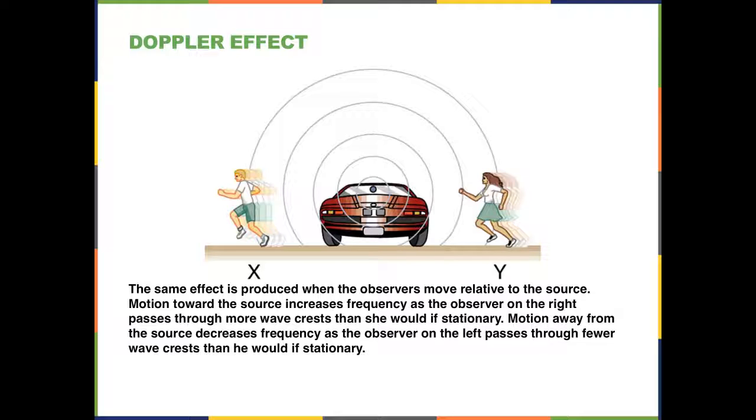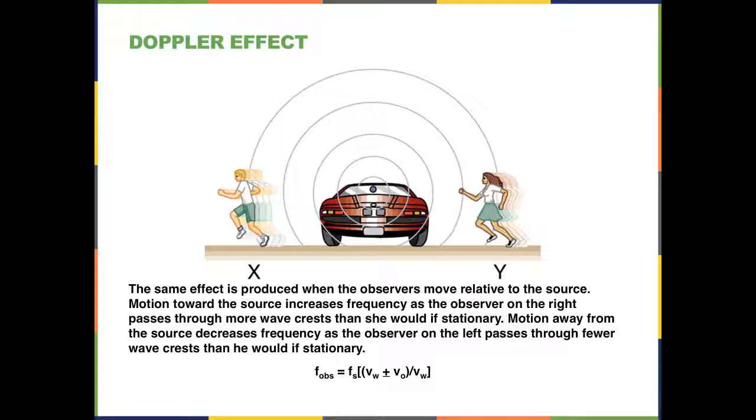The motion toward the source increases the frequency as the observer on the right passes through more wave crests than she would if she were stationary. The motion away decreases the frequency because the observer on the left passes through fewer wave crests than if he were stationary. And the formula is given here.